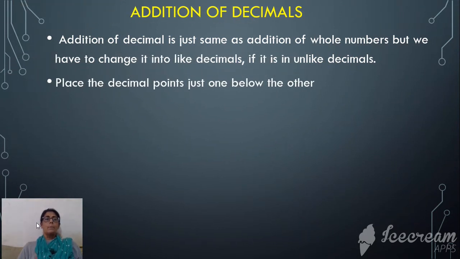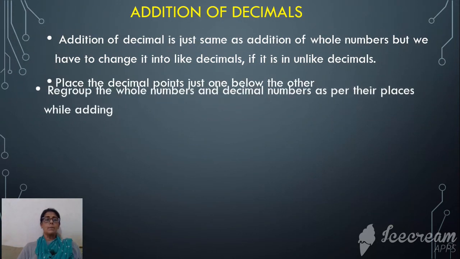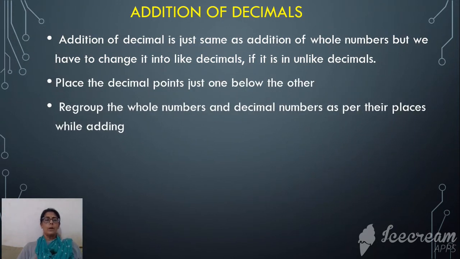First step, place the decimal point just one below the other. Decimal points should come one below the other. Now regroup the whole number as we do in simple addition. We have to regroup the whole number, then decimal numbers as per their places while adding, right?